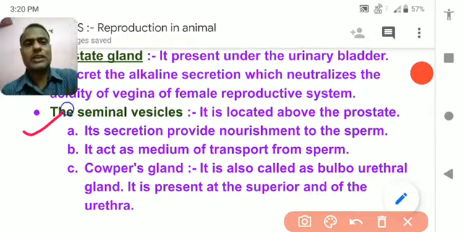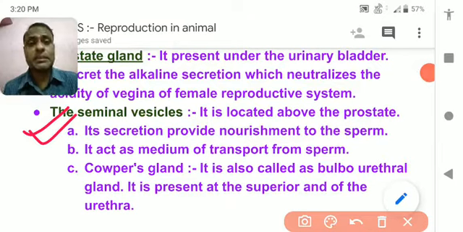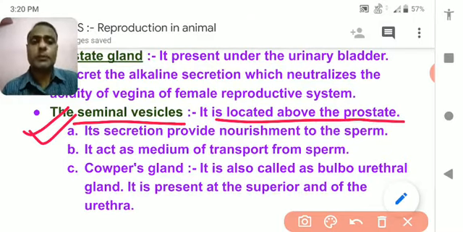Now this is the most important gland, called the seminal vesicles. It secretes about 60% of the fluid which is added into the semen. I will explain the meaning of semen, and how semen is different from sperms. The seminal vesicle is located above the prostate. Its secretions provide nourishment to the sperm.